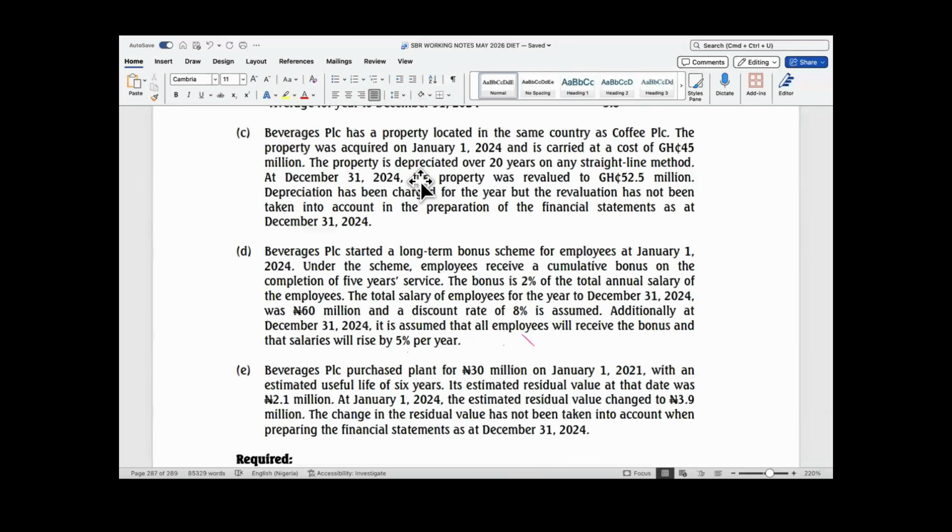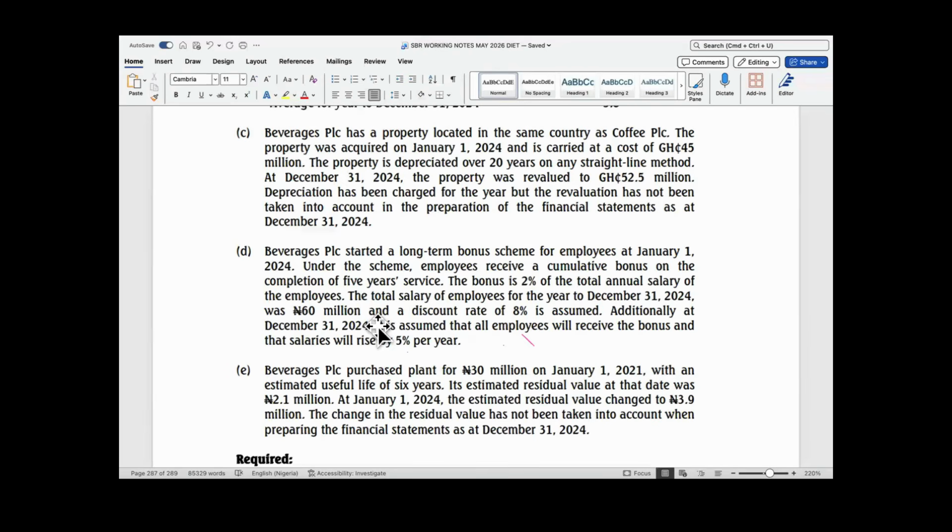What is happening here is that we are giving a bonus of 2% of your annual salary every year. And of course, since your annual salary is increasing by 5%, which is the last sentence here, it means the bonus will rise also by 5% every year. So at the end, when you complete your 5-year service, you get the cumulative. It's not something you get now, you get it when you complete your 5-year service. Meaning that if you don't complete, you won't get it.